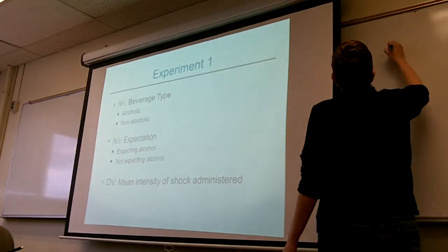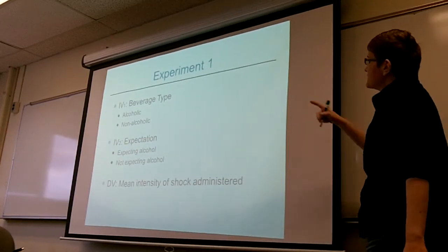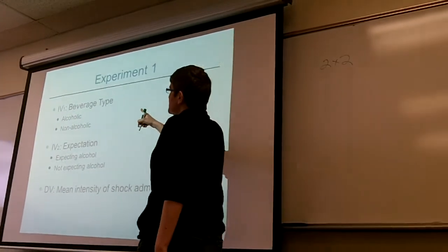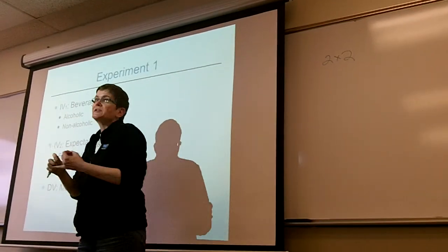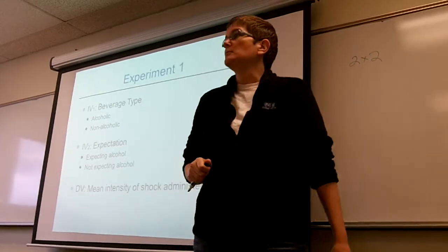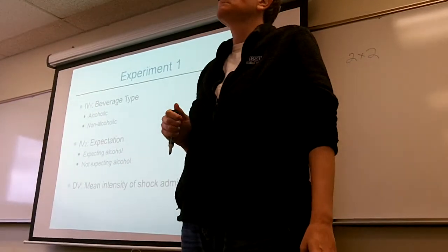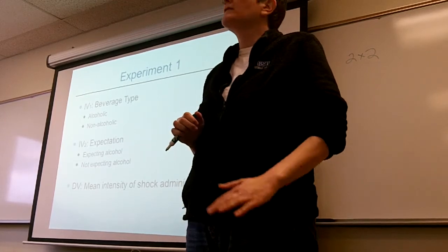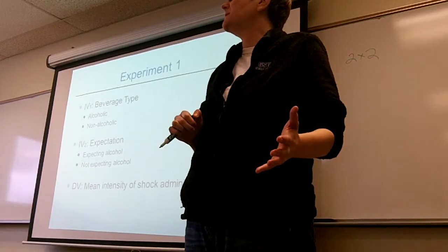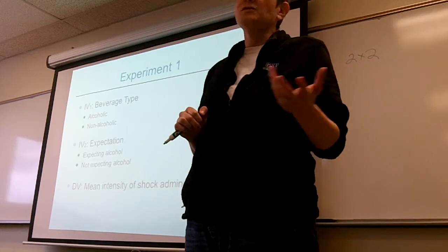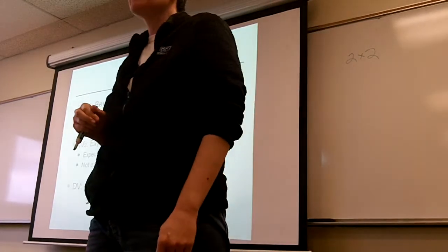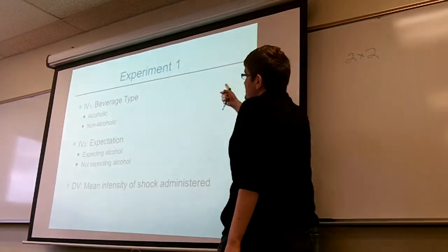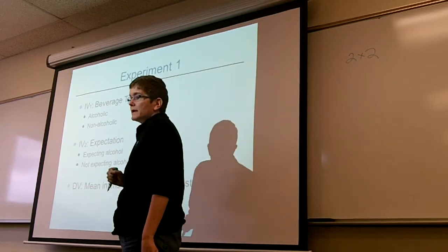So we know we've got a 2 by 2. The first one is between. And we need to know whether it's a subject variable or manipulated variable. Manipulated, right? And with no other information, we'll assume that if it's a manipulated variable, I used random assignment. There's no reason to think I used anything else. So the first IV: between subjects, manipulated, random assignment.